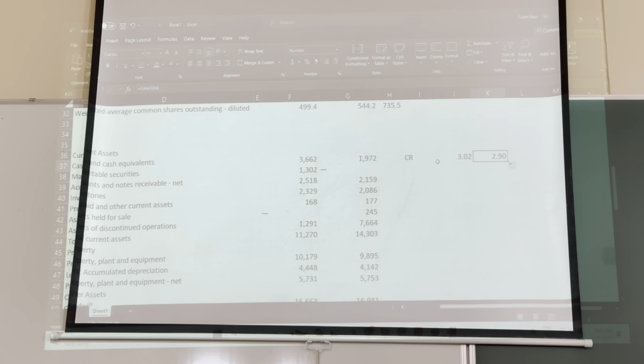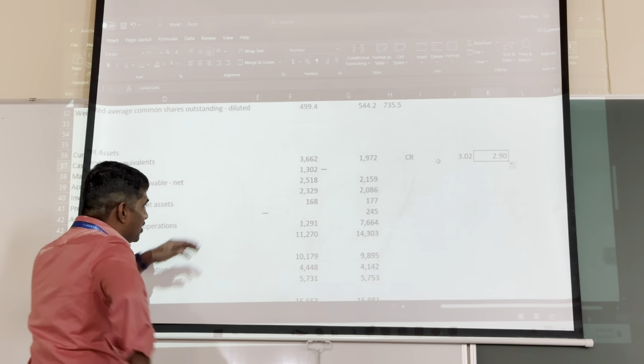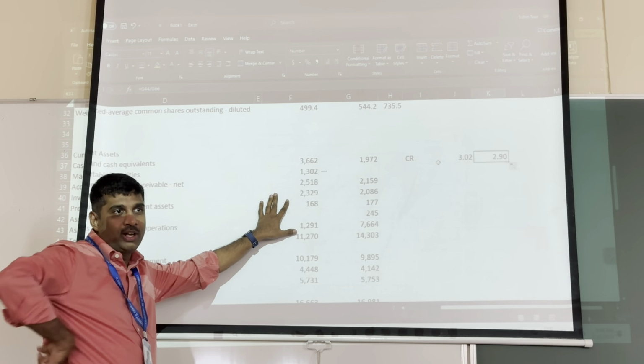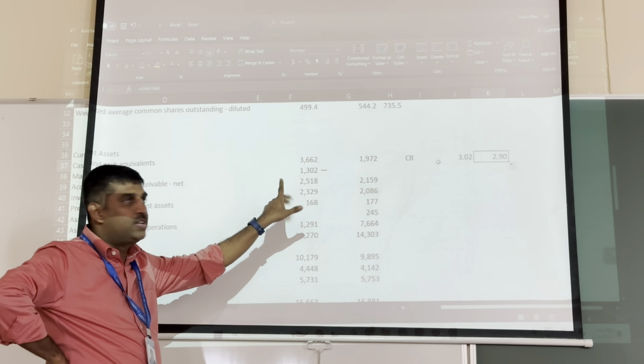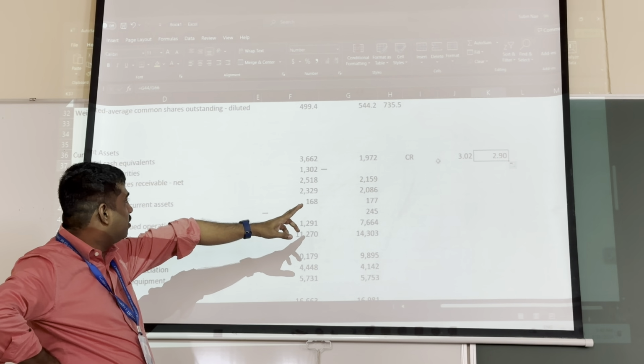Look into the numbers. Marketable securities were not there in the previous year. Let me tell you, even before you calculate the quick ratio, the conclusion you need to give is what has caused this ratio to be significant.